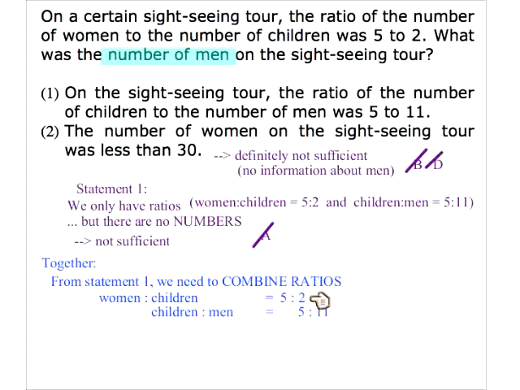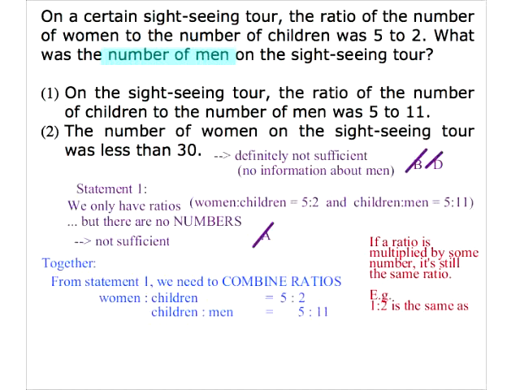Yeah, there we go. The thing you want to realize about ratios is that you can multiply them by some factor, and it's still the same ratio. For instance, the ratio 1 to 2 is the same as 2 to 4, which is what you get if you multiply it by 2, or you can multiply it by 100, etc. These are all the same.